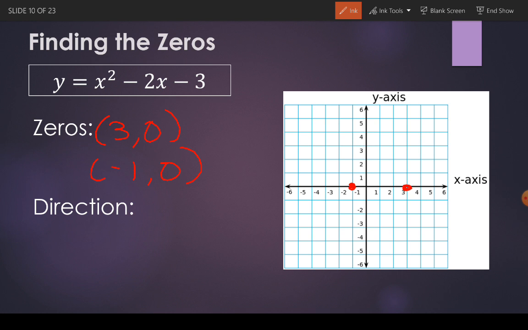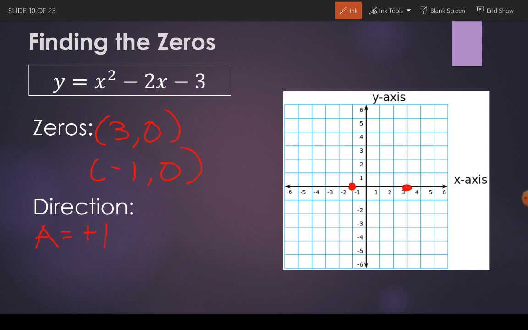From there, we have to decide what the direction of our parabola is going to be through these points. We have two options: either up like a cup or down like a frown. In order to identify the direction, we need to know the sign of our a value. So a is a positive 1.